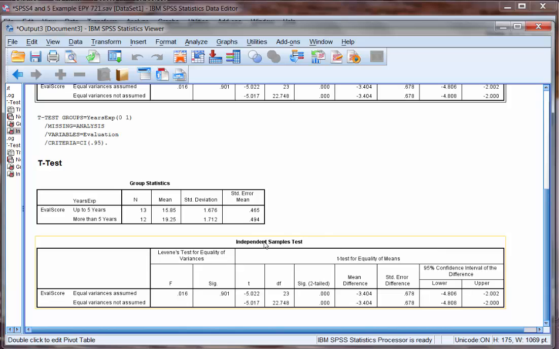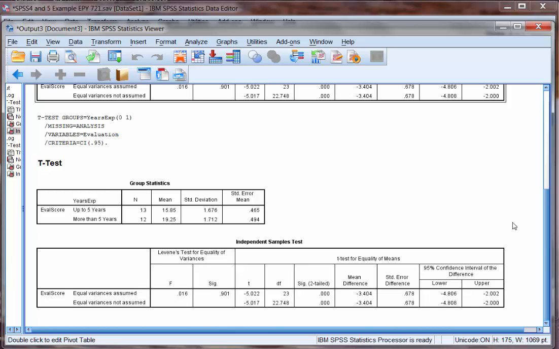Now I want you to look at the independent samples test box down below that. You'll remember that with the independent t-test, we have to worry that the variances in both groups are roughly the same, that they're homogeneous. So we needed to do a test for the homogeneity of variance.